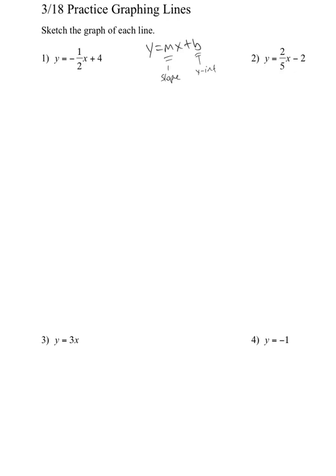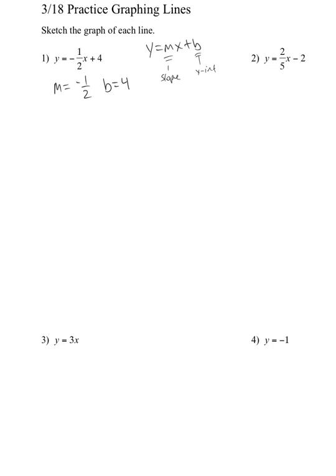Okay? So if we're looking at this line here in number 1, we can identify the slope as -1/2 and the y-intercept as +4. Okay, that's useful for graphing. In fact, we can graph using only those two things.